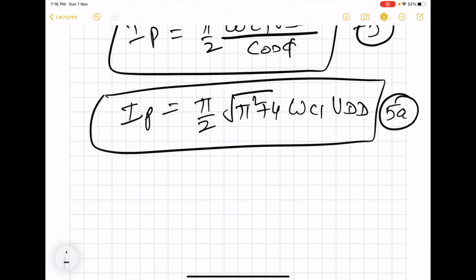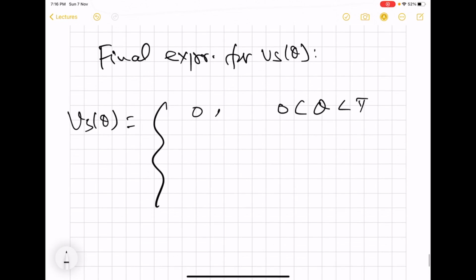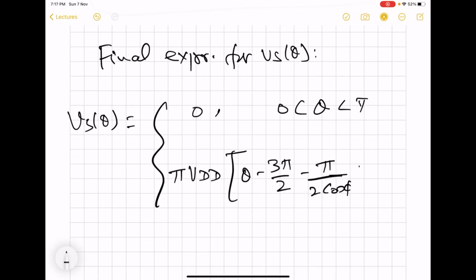So now using this IDC in terms of VDD, the final expression for Vs theta is 0, of course, for the first half, and then pi VDD into theta minus 3 pi by 2 minus pi by 2 cos phi cos theta plus phi.